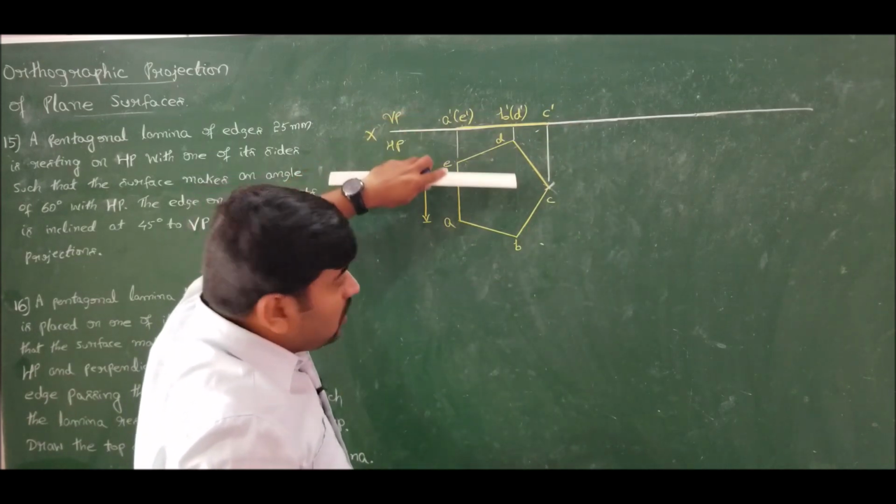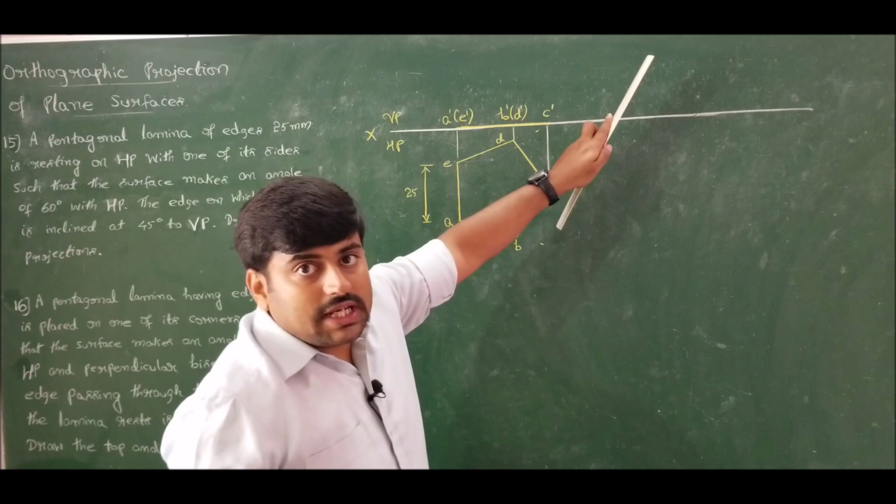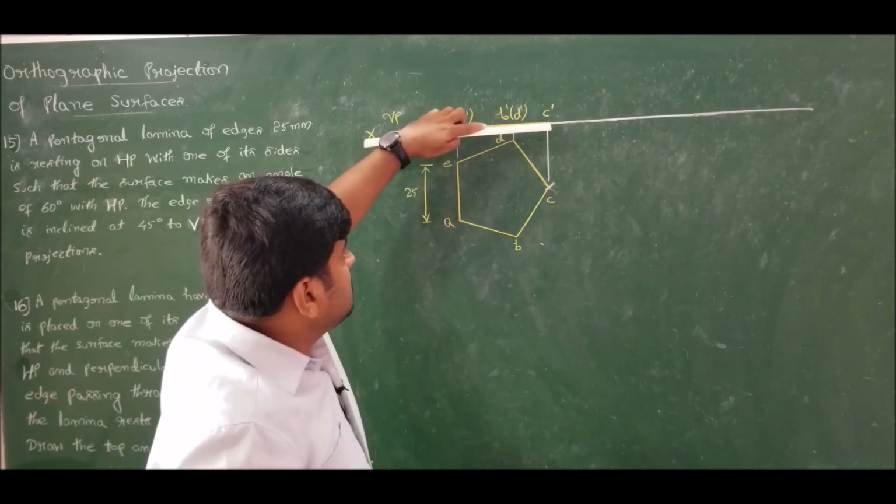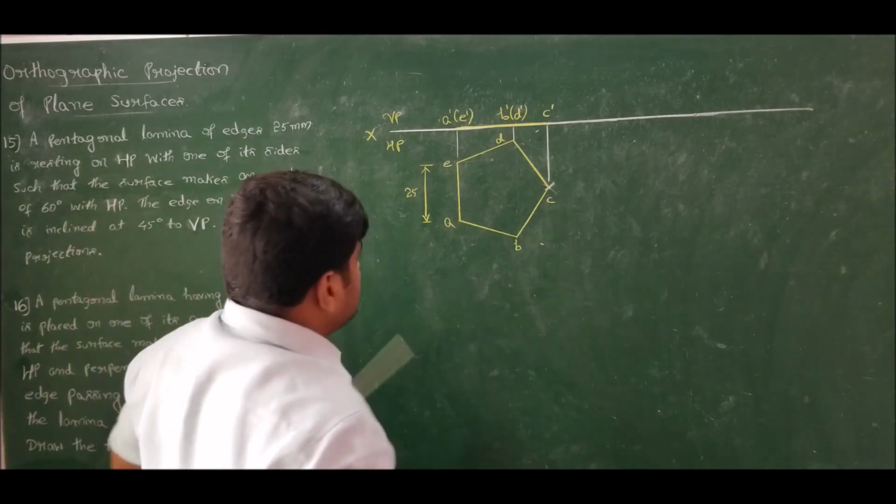Since the laminae is resting on the horizontal plane, in the second position I should show the inclination with respect to the horizontal plane itself. How much is the inclination of the laminae to the horizontal plane? It is specified as 60 degrees.